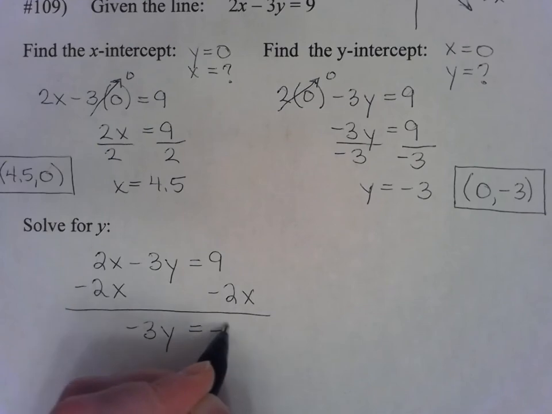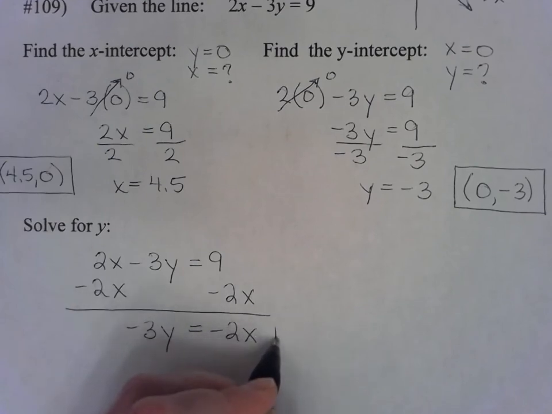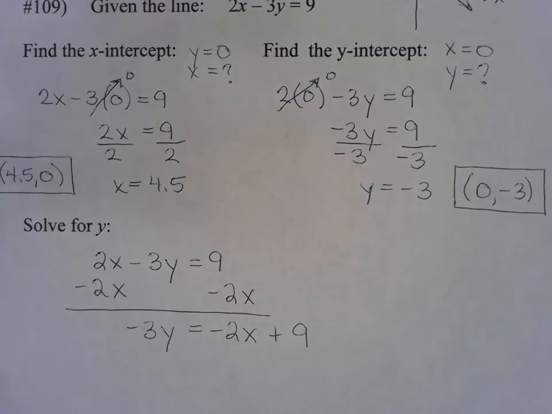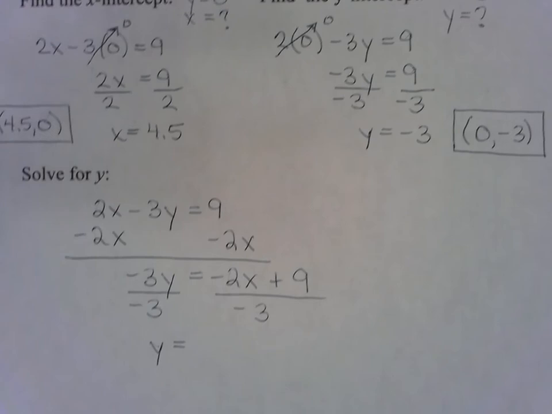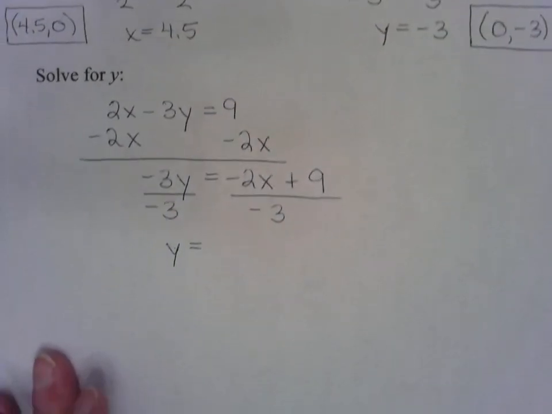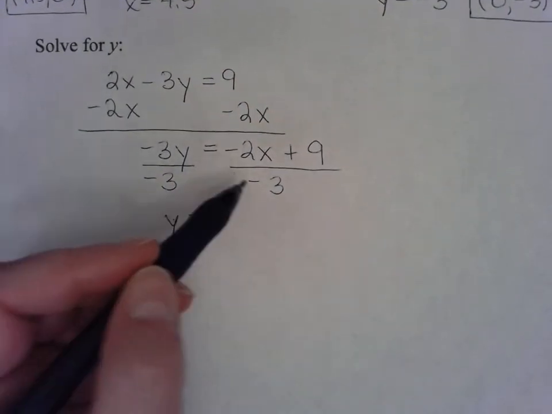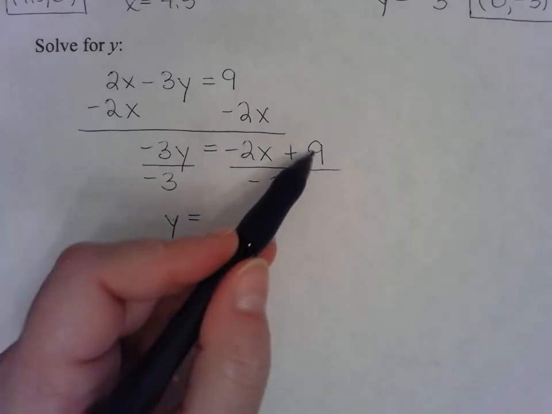And it's pretty common to put the x term in the front when you're talking about an equation of a line, so I'll do that here. Although they didn't really specify, so you could put it in the back if you like. And then we don't want negative 3y, we just want y. So we're going to divide both sides by negative 3. And the negative 3 is going to divide into both pieces, right?